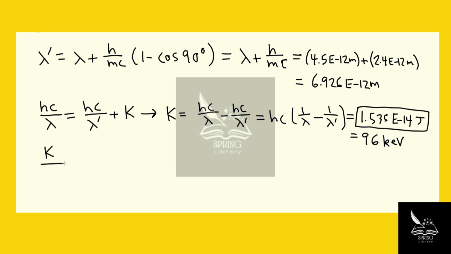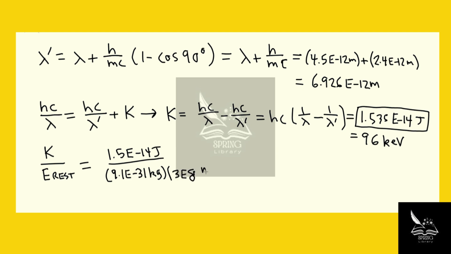So as a ratio, comparing it to its rest energy, we have 1.5 e to the negative 14 joules compared to mc squared, which is 9.1 e to the negative 31 kilograms times the speed of light, which is 3 times 10 to the 8 meters per second, squared.